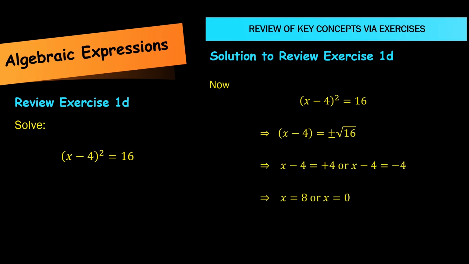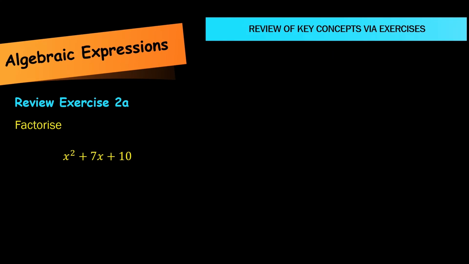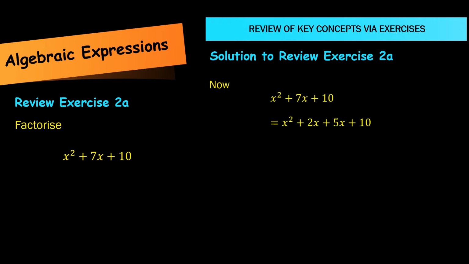And now for exercise 2a, factorise the quadratic shown. Notice that 2x plus 5x equals 7x and 2 times 5 equals 10. So we can split up the quadratic as x squared plus 2x plus 5x plus 10.